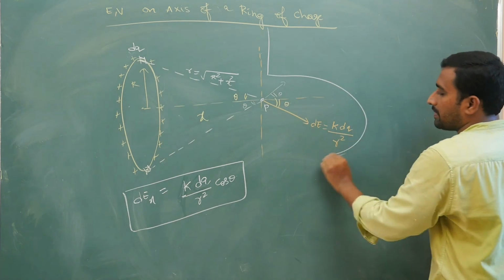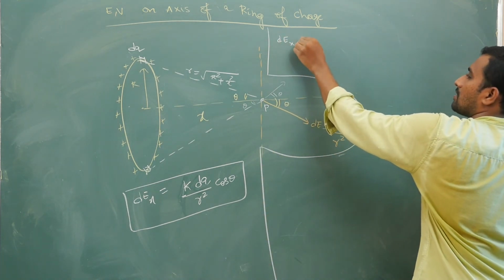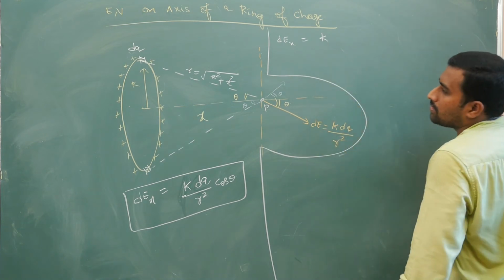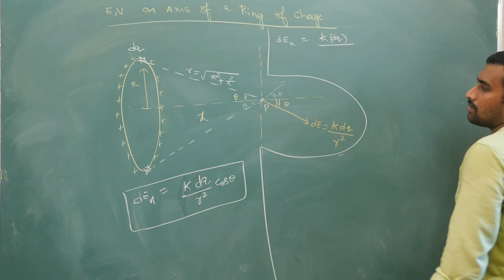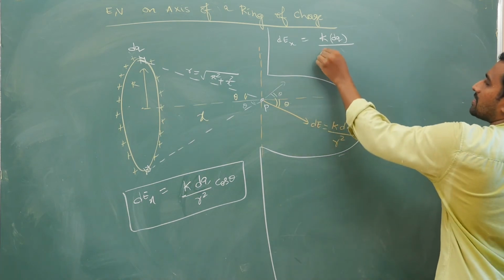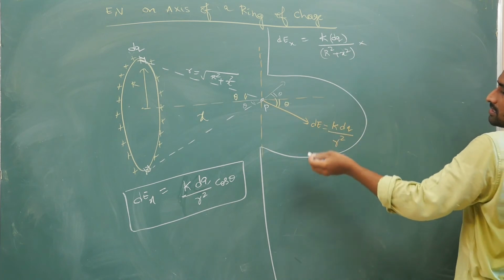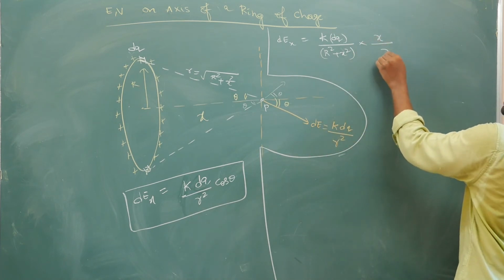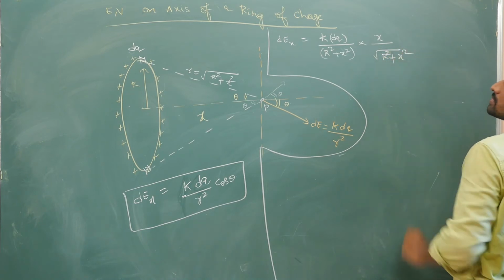So dEx is equal to K times the small charge dq, whole divided by r square plus x square, times cos theta. Cos theta is the adjacent side x by under root r square plus x square.